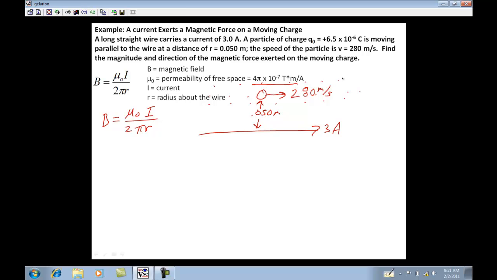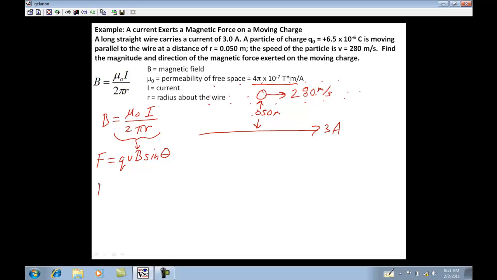Okay, and then we've got to plug into our equation, F equals QVB sine theta. So that's going to go into that part of the equation.